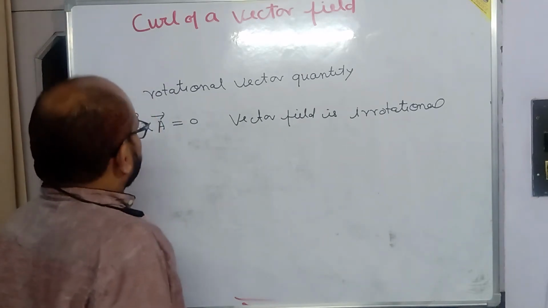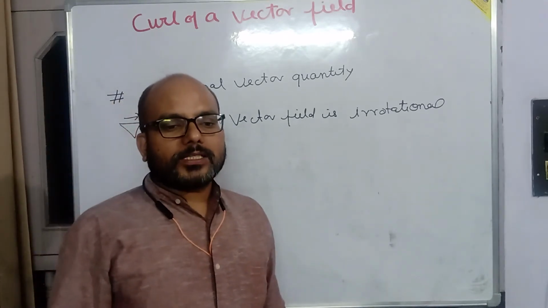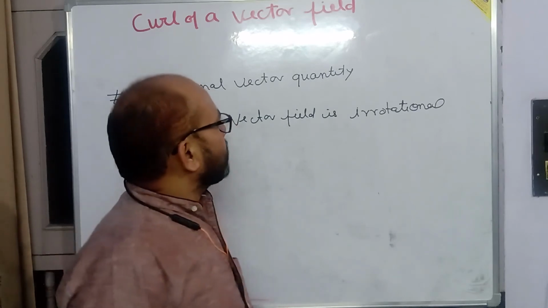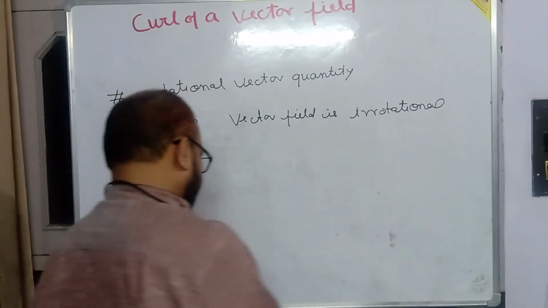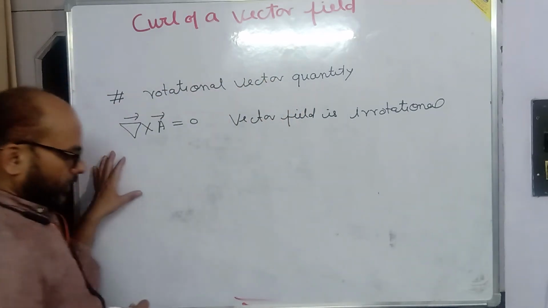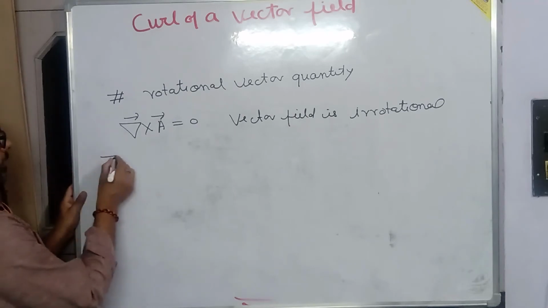The direction, as I have already said, is always normal to the net maximum circulation. In this case, it is not possible to have the curl of a scalar quantity.